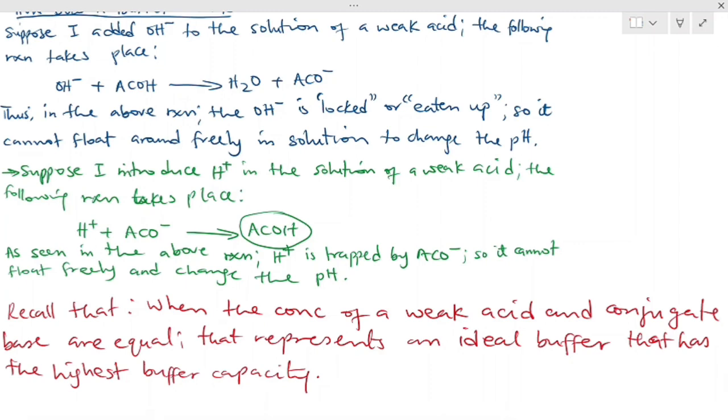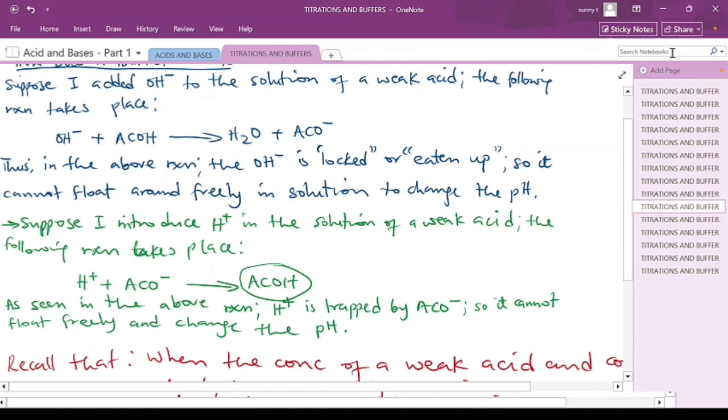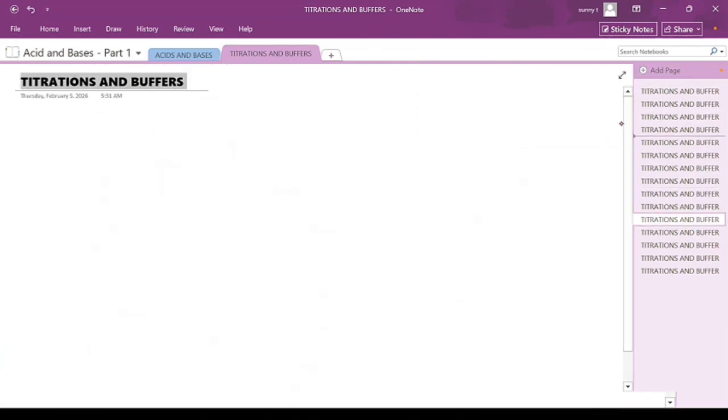Okay, in the next page. Note that weak acids and weak bases buffer our cells and tissues. Important to note for physiological systems.